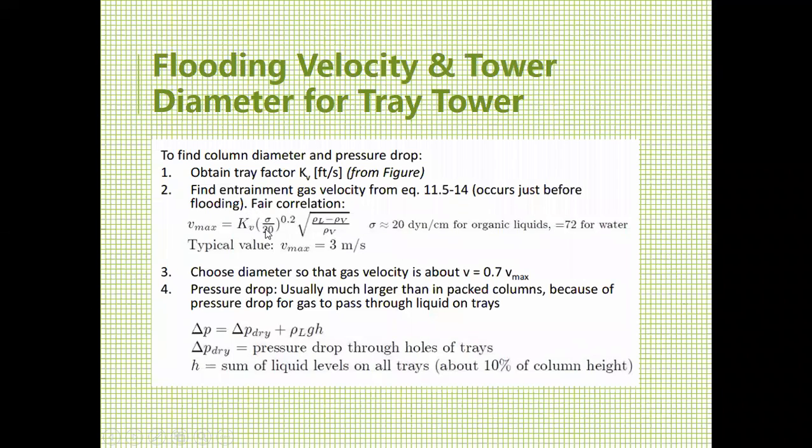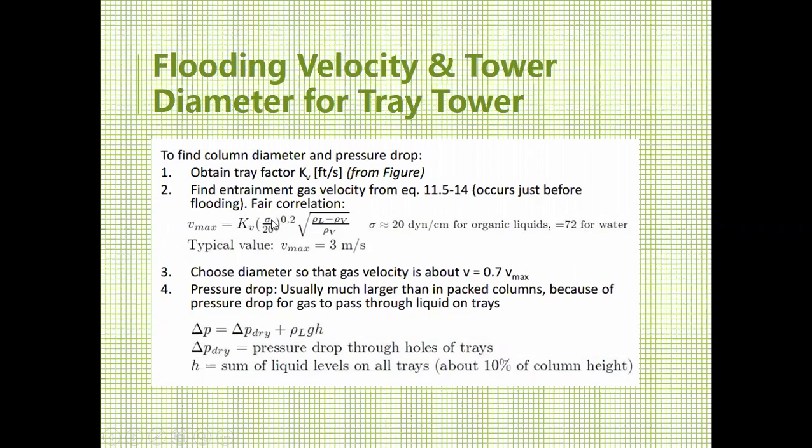This is based on fair correlation. Actually, that equation I have already written here. The value of V that you have predetermined in number 1, you will place in here. And with this is the interfacial tension, in dyne per centimeter. Most often, its value is 20 dyne per centimeter for organic liquids and 72 for water.